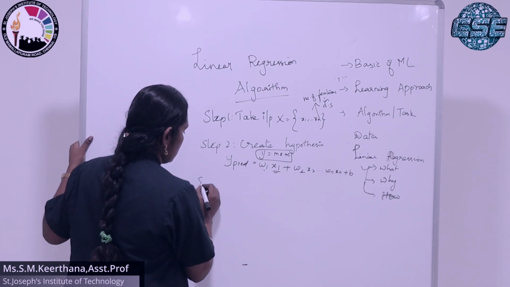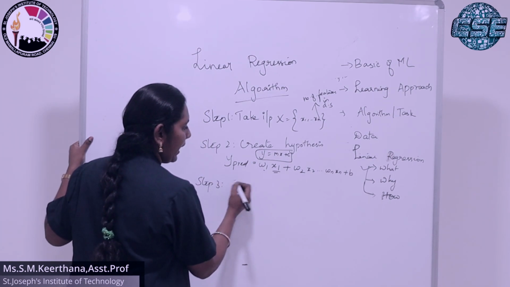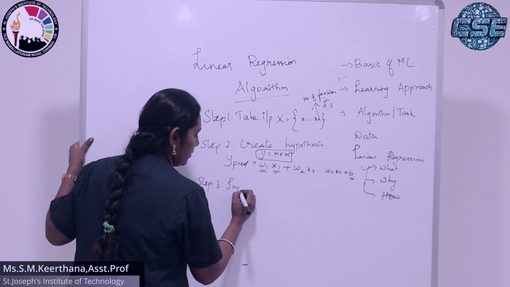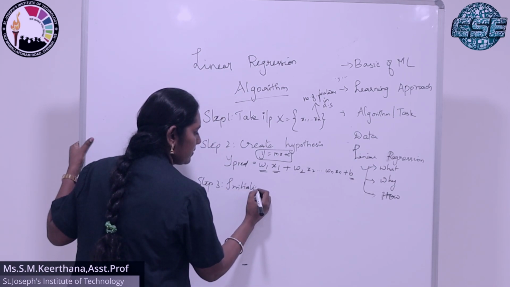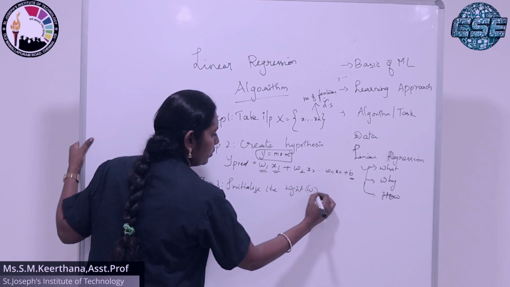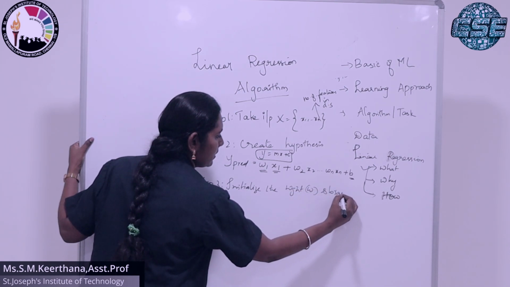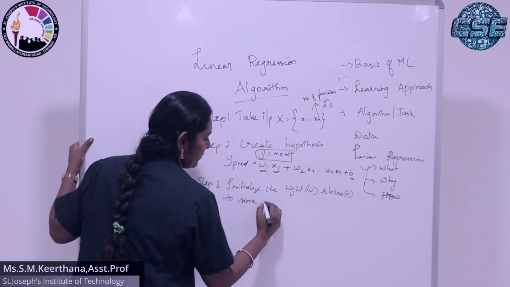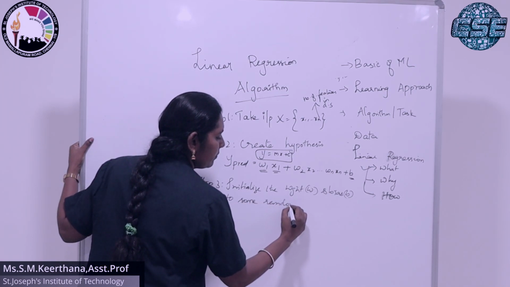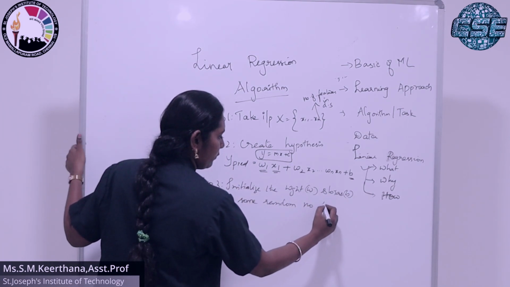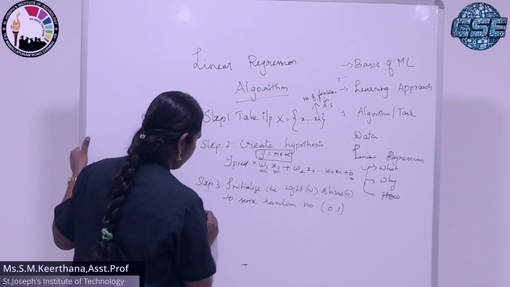So next, step 3, we have to initialize the weights w and bias b to some random variable. This random number should always be a small number, for example 0.1.